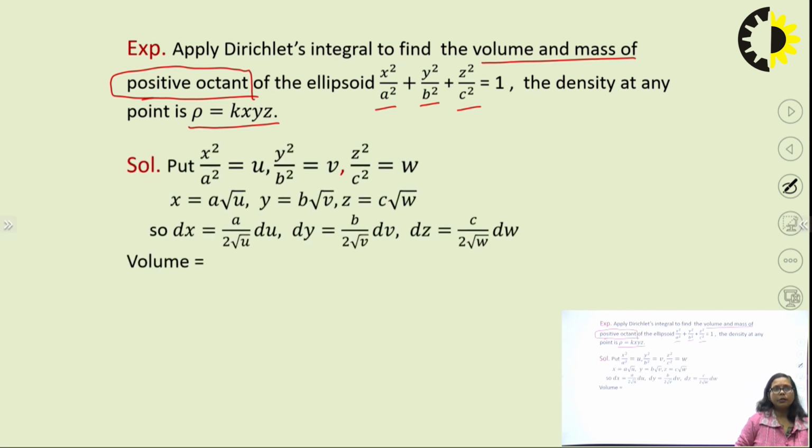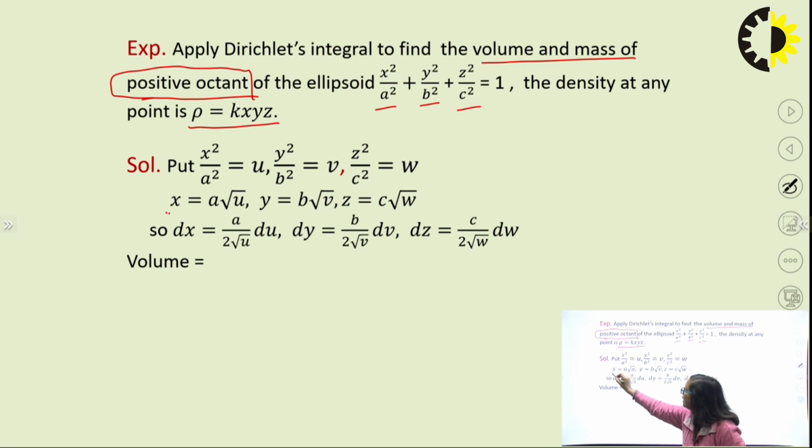So starting the solution, we put x square by a square equal to u, y square by b square equal to v, and z square by c square equal to w. So that is the first step. In the next step, we write the values of x, y, z in terms of u, v, w.